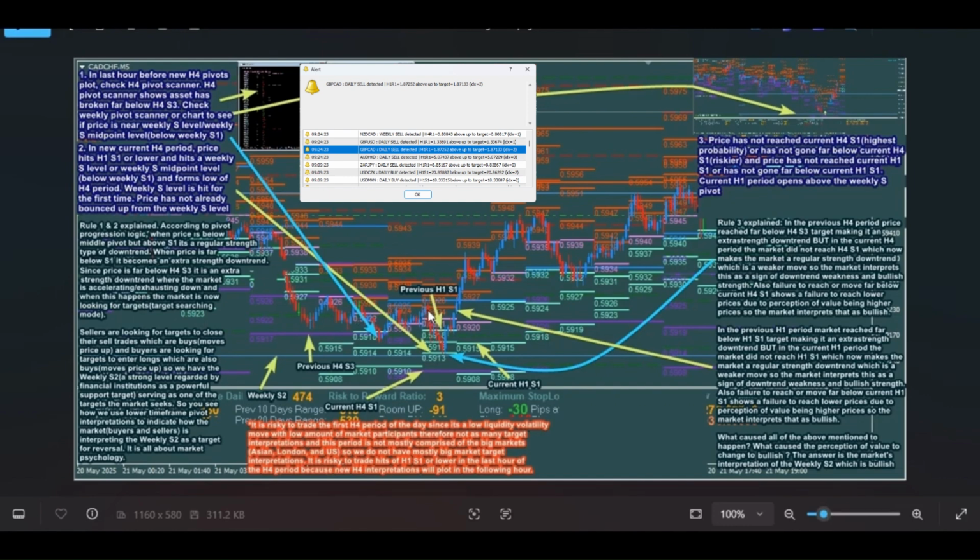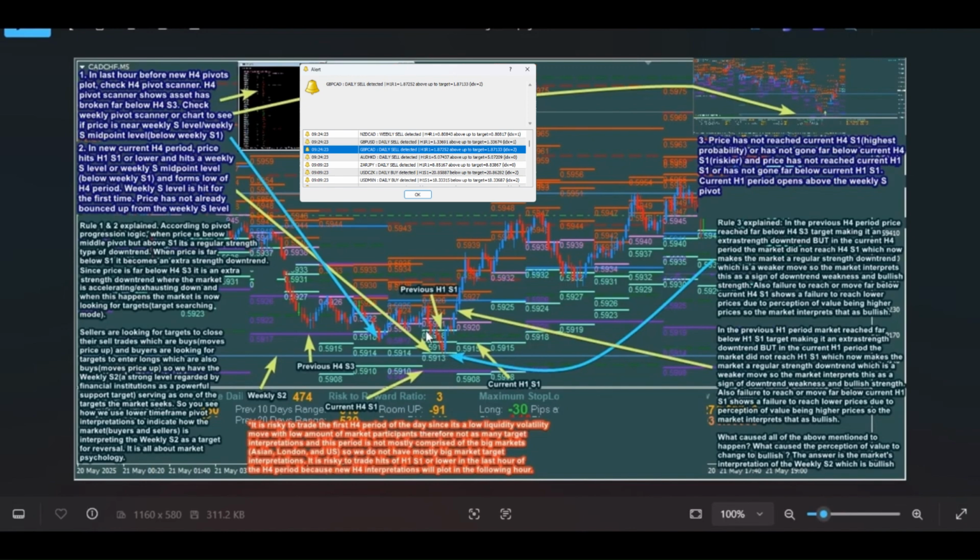And then we're looking for price to move down and hit the weekly S level in the current H4 period, okay? And we want price to hit the weekly S level for the very first time in that weekly period.